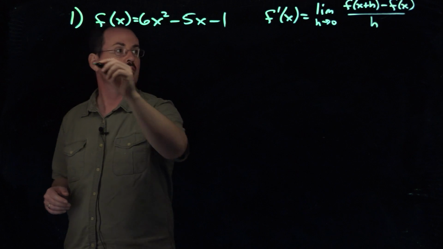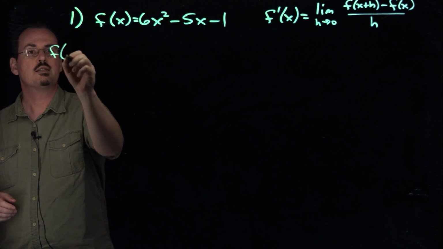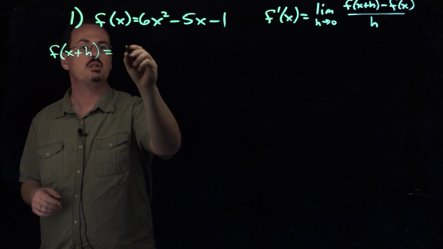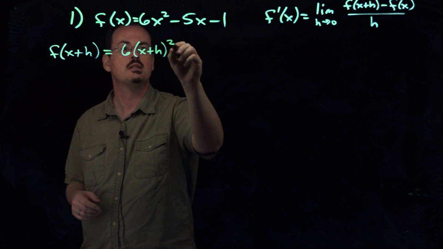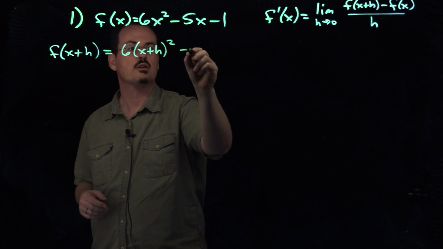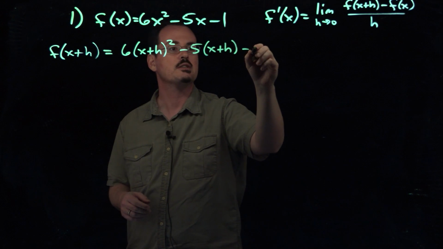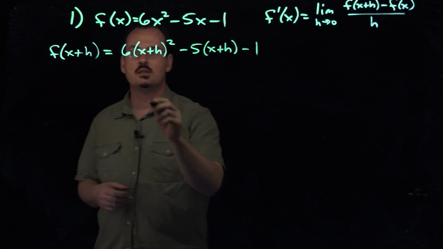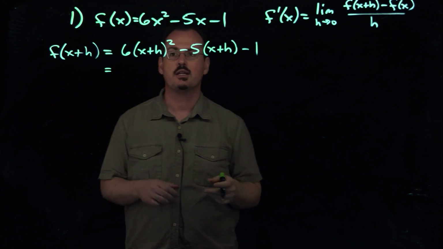All right, so if you remember the steps that we have to take here, the first thing we want to find is f of x plus h, and then we want to simplify that. So f of x plus h is whatever we get when we plug in x plus h for every occurrence of x within the function. So basically just replace all the x's with x plus h's, and then we'll simplify that. Remember again that this is a binomial squared, so we write it twice, FOIL it.